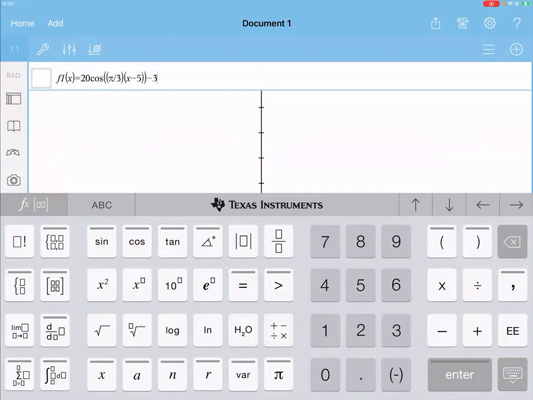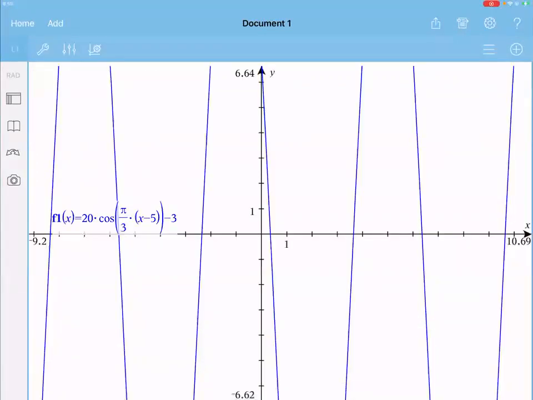Now I do want to emphasize one thing: I've seen quite a few students not paying close enough attention to the parentheses. When they close the parentheses for x minus 5, they thought that was it.